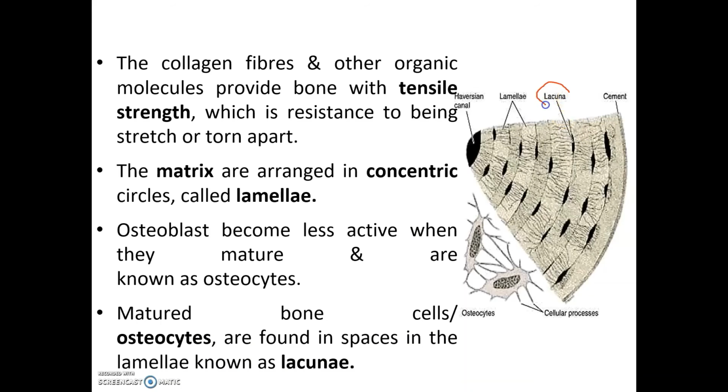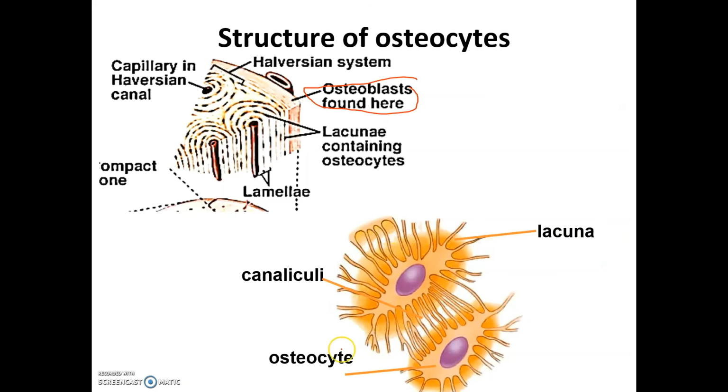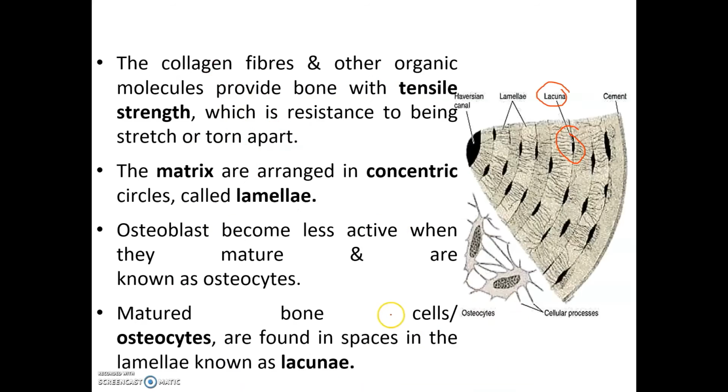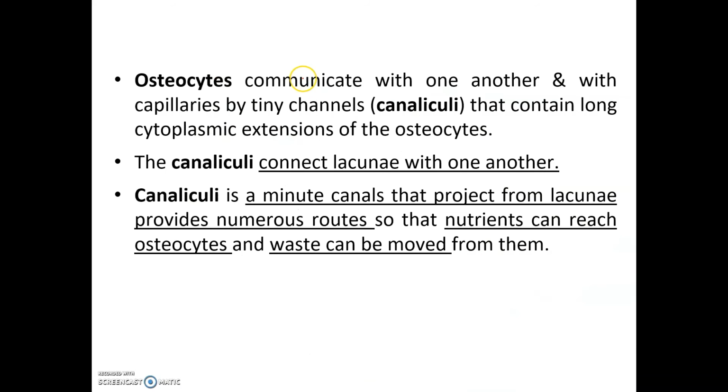So lacuna is the structure which we can see here. Okay, so the bone cell can be found inside the lacuna, just like the diagram just now. For the lacuna here, they have the bone cell in the middle. The bone cells can communicate with one another and with capillaries by canaliculi.